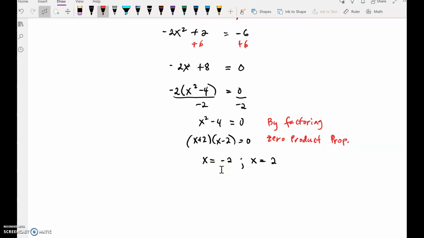With that being said, you only have this as the actual solution, and this is an extraneous solution, because that is a value that will make the function undefined. So this is not an actual solution, it is just an extraneous solution, and the only real solution we have is x equal to 2.